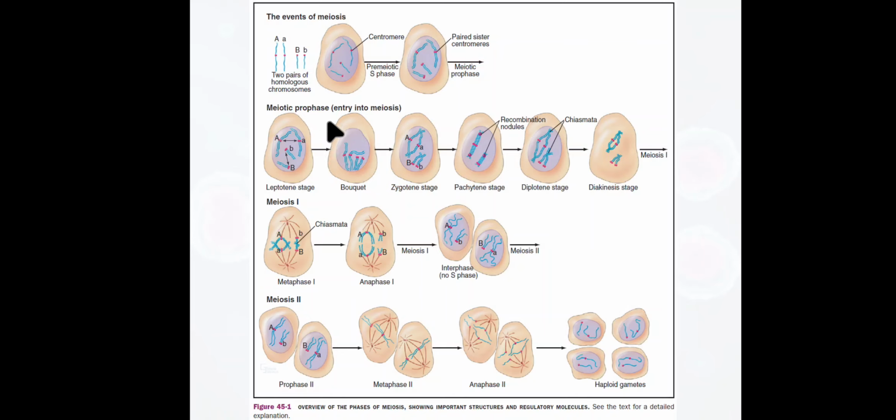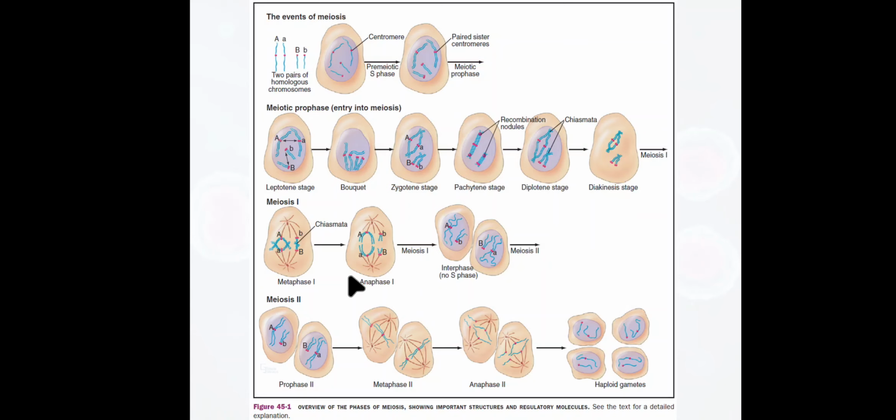Meiotic prophase is divided into 5 substages, that is leptotene, zygotene, pachytene, diplotene and diakinesis, based on the nature of the chromosome or the chromatid strands.